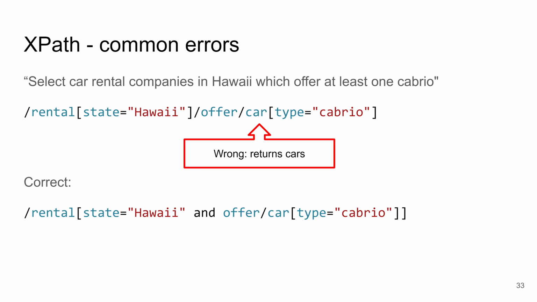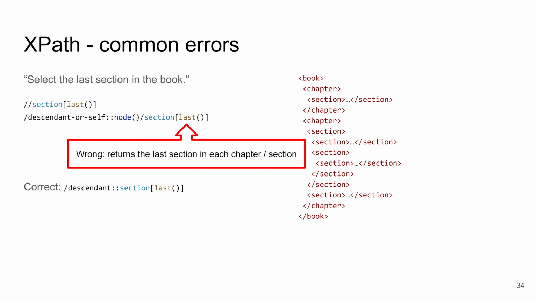So if you have an XML document and you know that there are some elements named, for instance, section here, the fastest way of selecting those is the double slash. But you need to know that the double slash is actually a shortcut for the descendant-or-self axis, and then the node selection function.